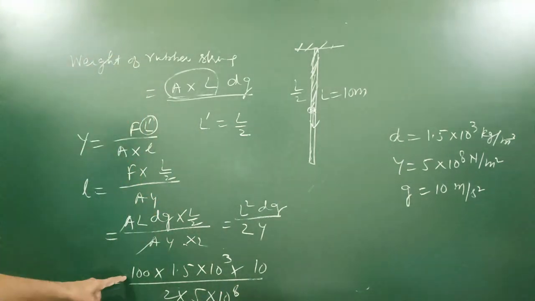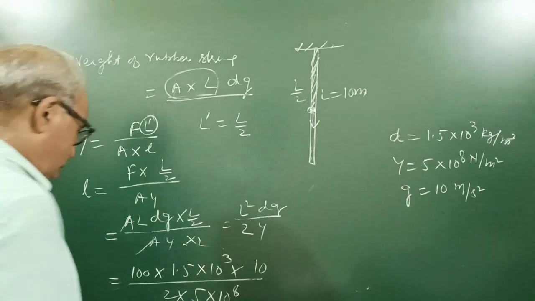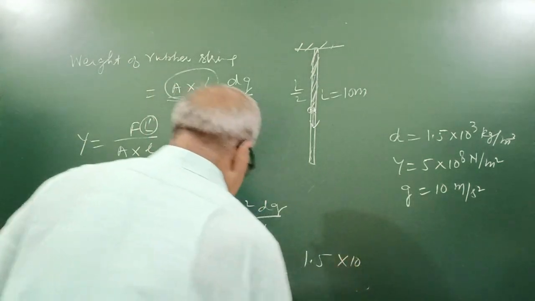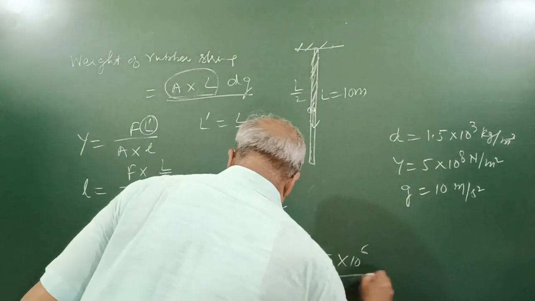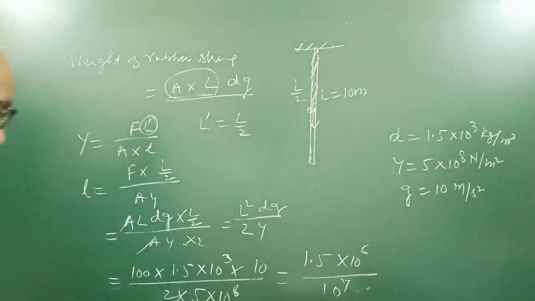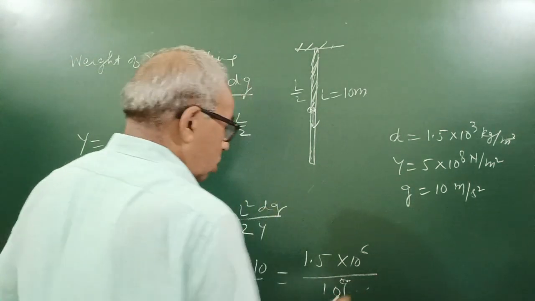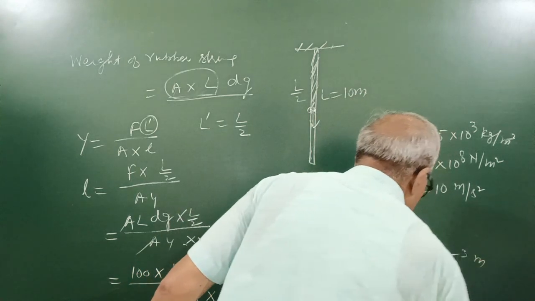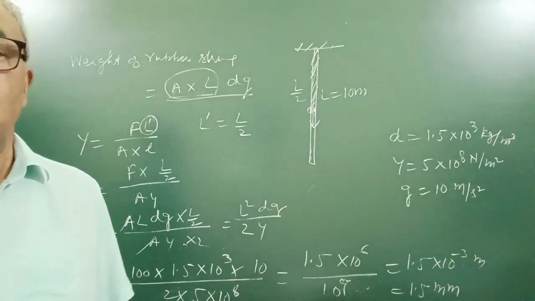So it is 100 into 6. Yes, this is it. 1.5 into 10 to the power 3, 4 into 6 upon 10 to the power 7. So it will come out 1.5 into 10 to the power minus 3 meter or 1.5 millimeter.